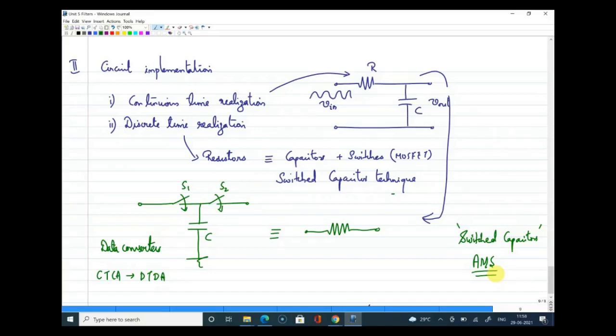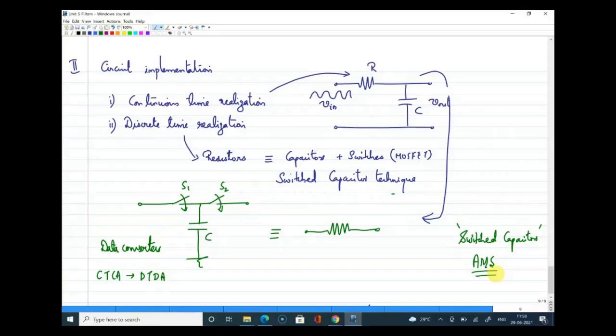Here I am just telling you that there are two ways to implement, and in this course we'll be focusing only on continuous time realization. Discrete time realization, or the switch capacitors, will be dealt with in your elective course in your 7th semester, named Mixed Signal IC Design, where you learn about data converters.